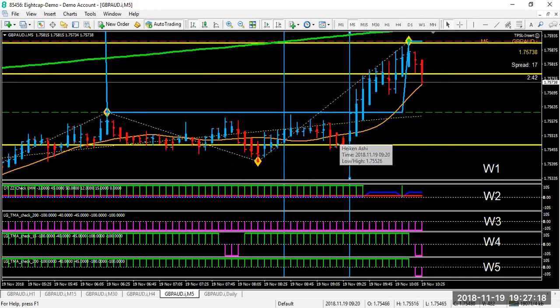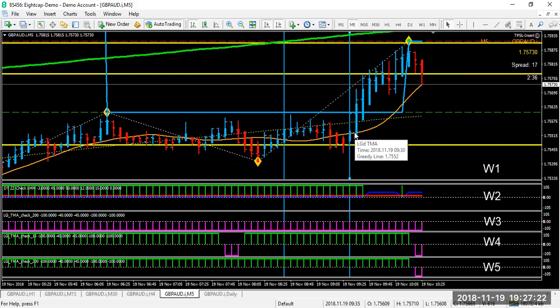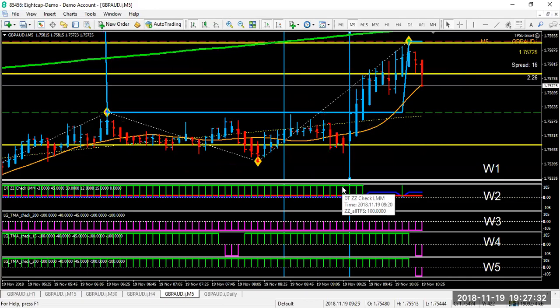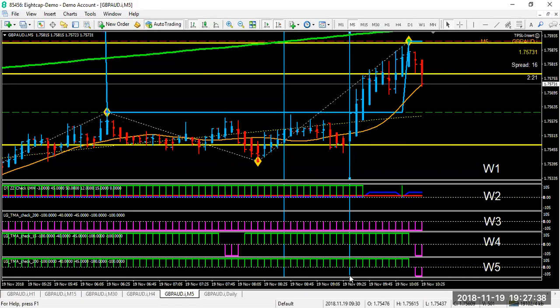Yes. Dotted yellow, green. Orange line below river center line. Window 2 green, yes. Window 3 green, no. Window 4 and 5 both green, yes.